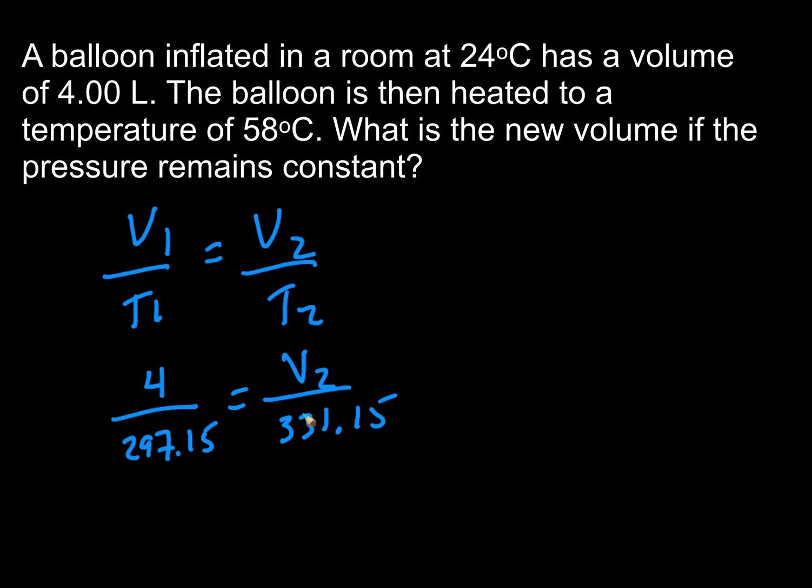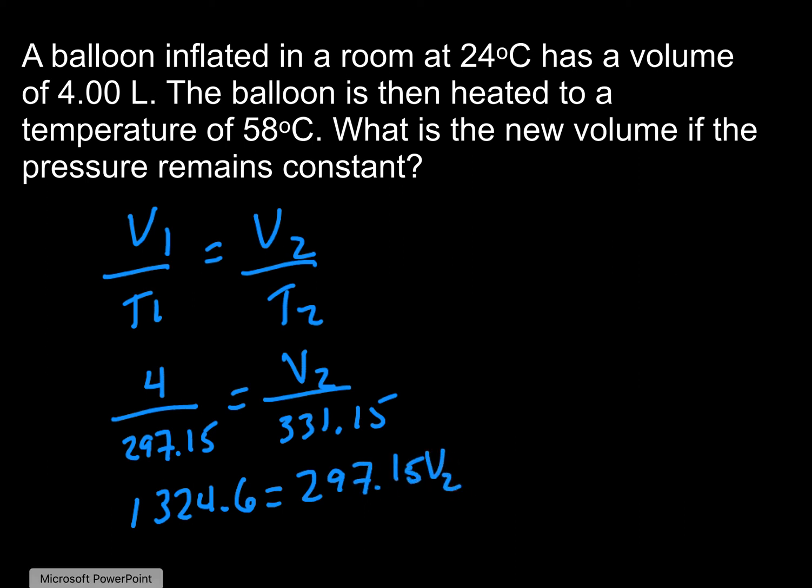So 331.15 times 4 will give us 1,324.6, which is equal to 297.15 V2. We know to get V2 by itself, we need to divide by 297.15.